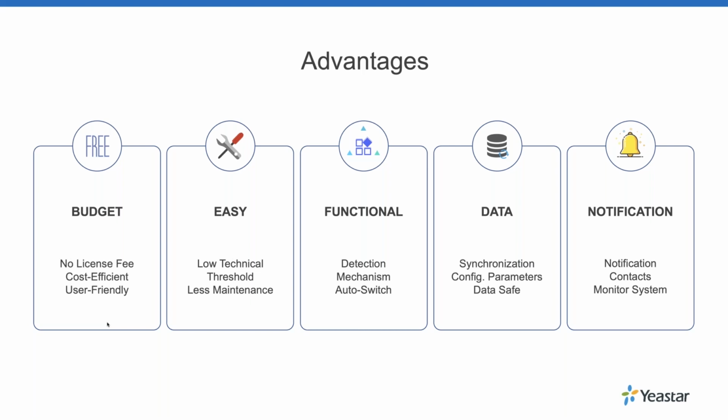So they do care about budget control. They want to have lots of advanced features providing them a very reliable and stable system. But just like I said, they do care about how much money they are going to spend on this solution. So I guess this is a pretty good budget control solution.